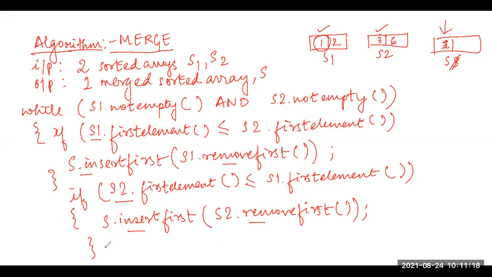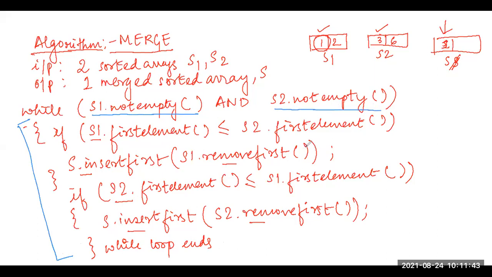And this entire process will go on repeating until either S1 has become empty or S2 has become empty first, or both of them have become empty. So until there are no elements to copy or compare, we will keep using the logic. Fine.